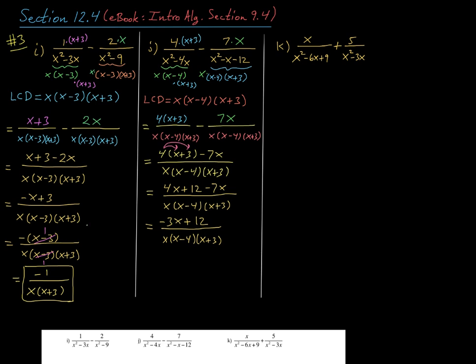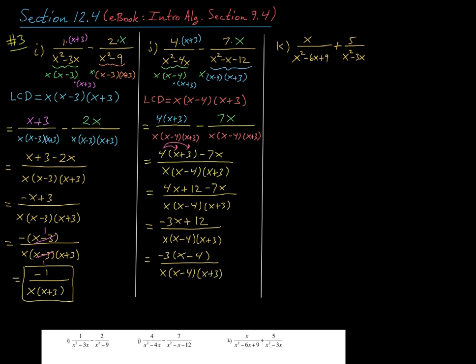And now here, kind of like what we saw in part I, there's a common factor here I can take out. I'm going to take out that negative 3 in the numerator, and that's going to leave us with an x minus 4. And so again, we can do a bit more simplification.